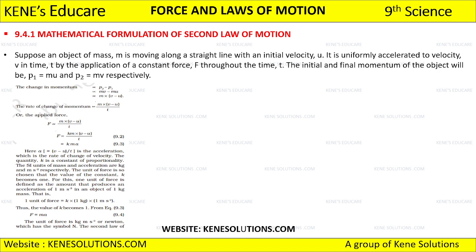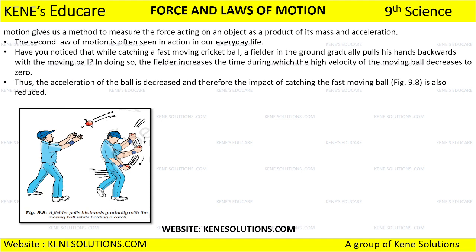And we know that the unit of force is kg meter per second square, or we can simply represent it as Newton, which has the symbol capital N. So the second law of motion gives us a method to measure the force acting on an object as a product of its mass into acceleration.